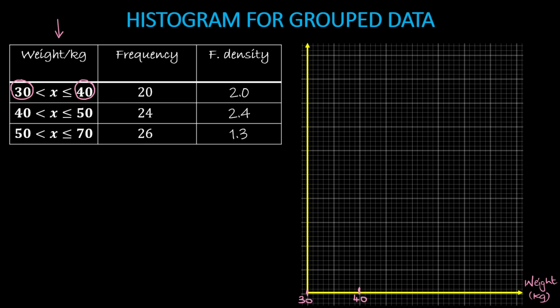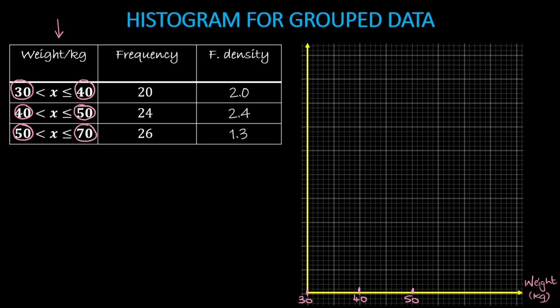So here is 40. The second interval from 40 to 50, still a class width of 10. Again I leave 2 centimeters or 2 squares. I insert 50. Then last interval from 50 to 70, meaning a class width of 20.